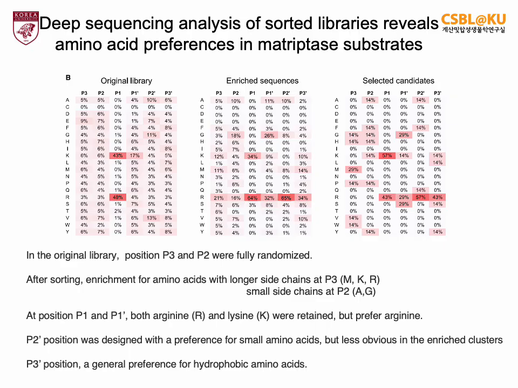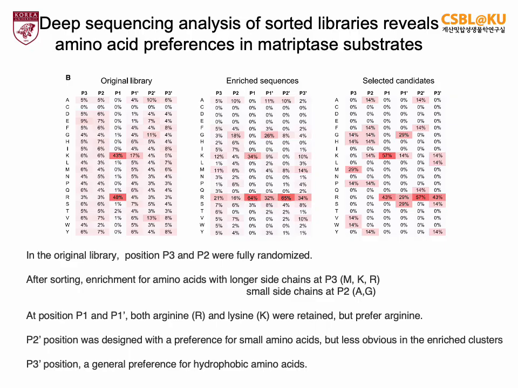At position P1, both arginine and lysine were retained, but there was a preference for arginine over lysine. Additionally, positively charged amino acids, especially arginine, were enriched in other positions, suggesting that the cleavage site may have shifted in some substrates.